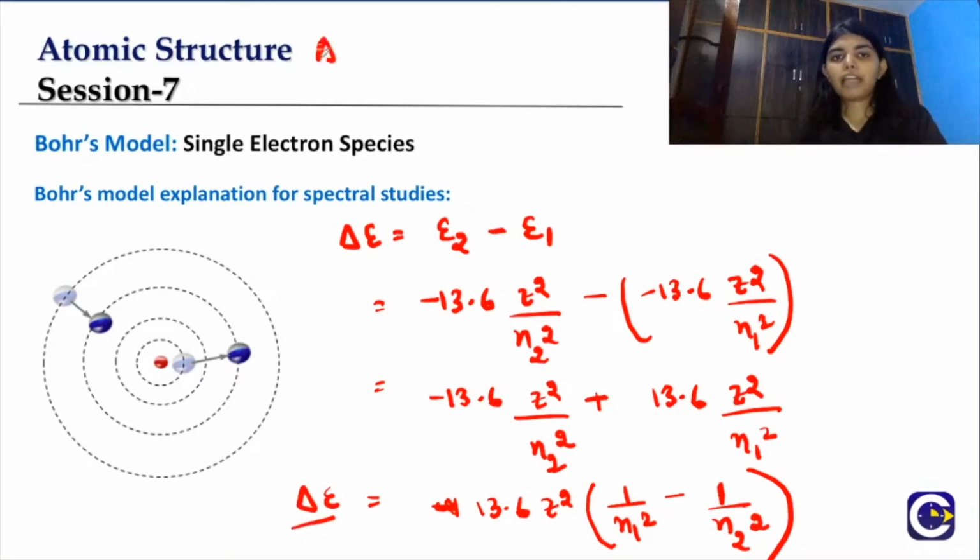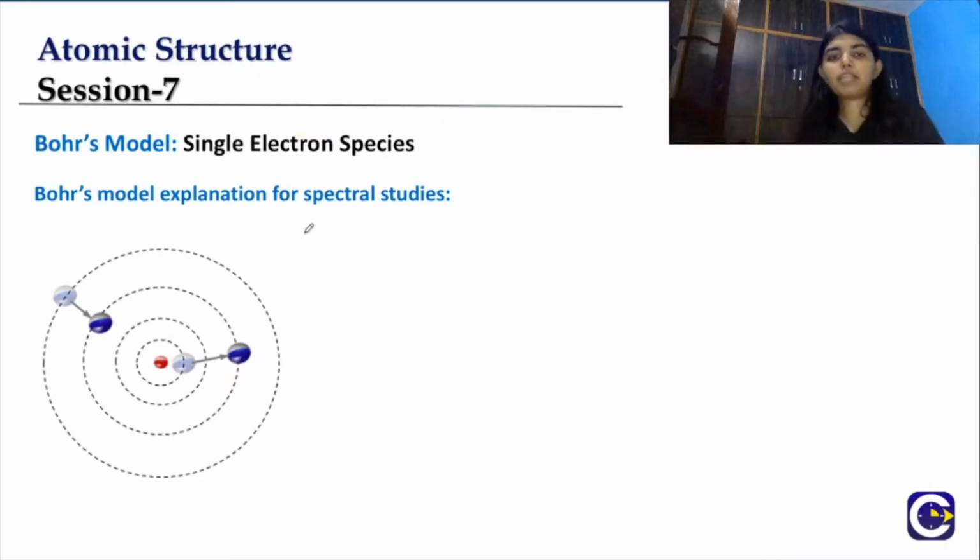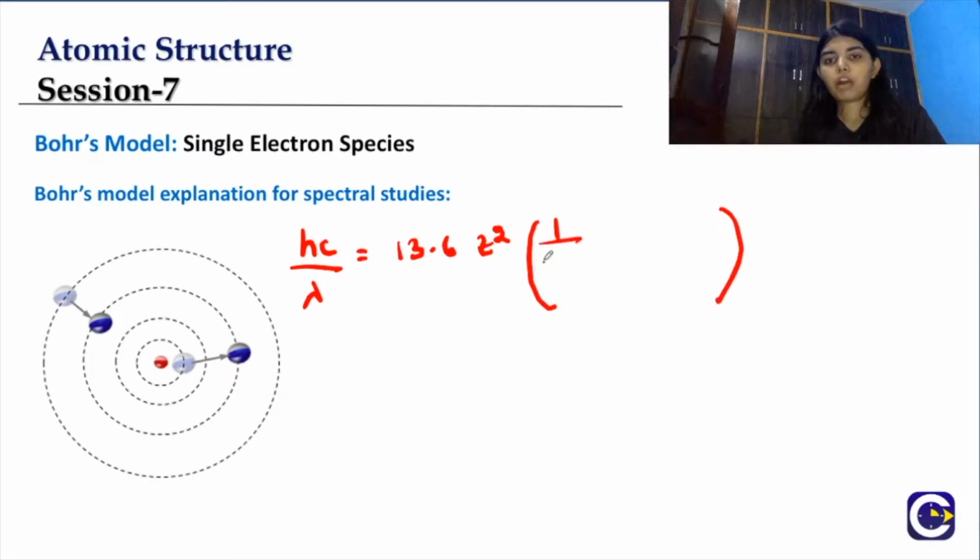Now we know that delta E is equal to h nu, and nu equals C by lambda. Nu is the frequency, C is the speed, and lambda is the wavelength. So delta E equals hc by lambda. Now we will replace delta E by hc by lambda. hc by lambda will give 13.6 Z square into 1 upon n1 square minus 1 upon n2 square.